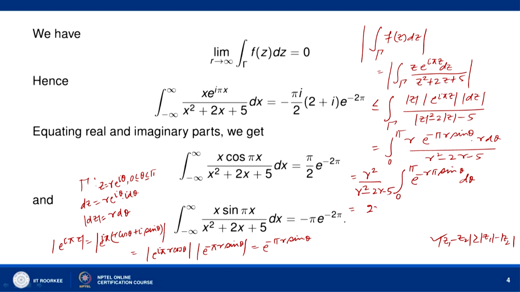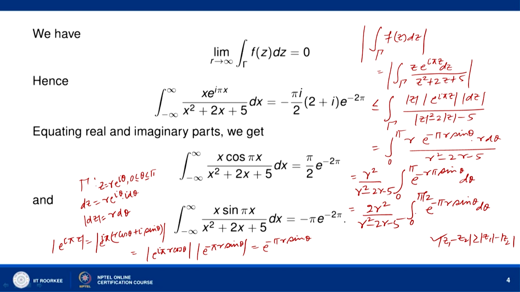So, it is 2 r square upon r square minus 2r minus 5, integral from 0 to pi by 2. This follows because sin of pi minus theta is sin theta, so there is no change when we replace theta by pi minus theta.